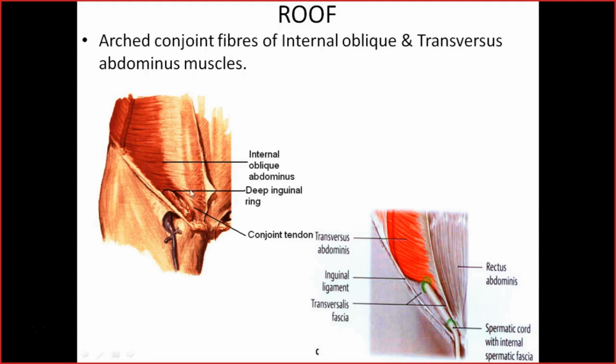Here, the conjoined fibers are the major contribution for the roof of the inguinal canal. Can you make out this is the inguinal canal? Okay, this part we will call the conjoined tendon, which is forming the roof over the inguinal canal. Can you make out? So the roof is contributed by conjoined fibers of the internal oblique and transversus abdominis muscle.